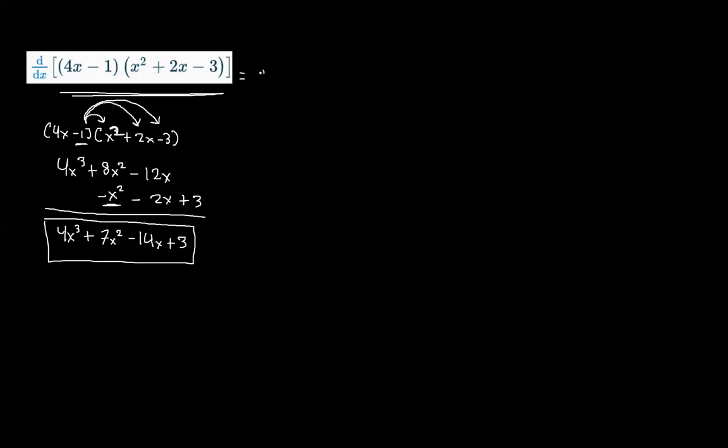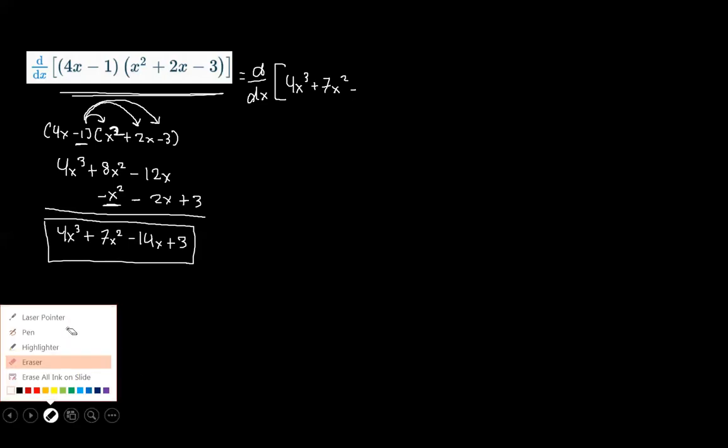So we can rewrite this as the derivative of 4x cubed plus 7x squared minus 14x. Let me rewrite this one in a proper way.